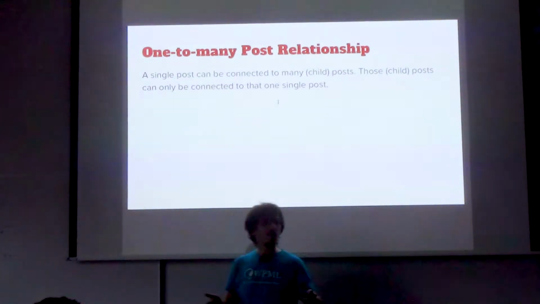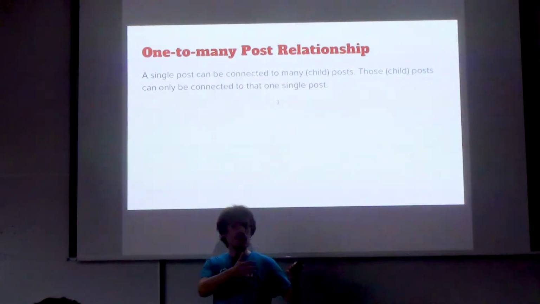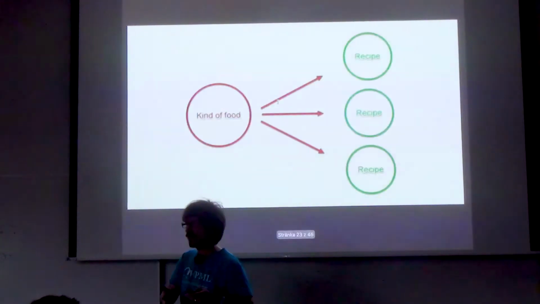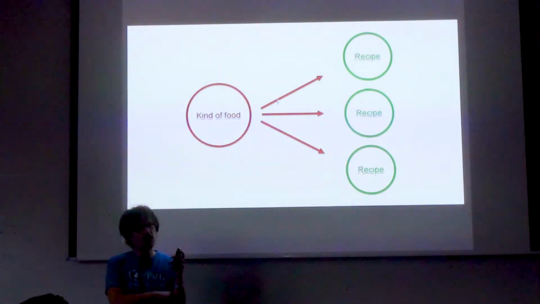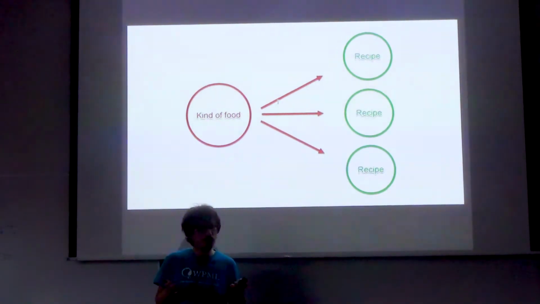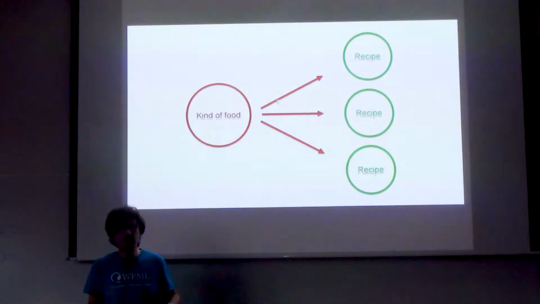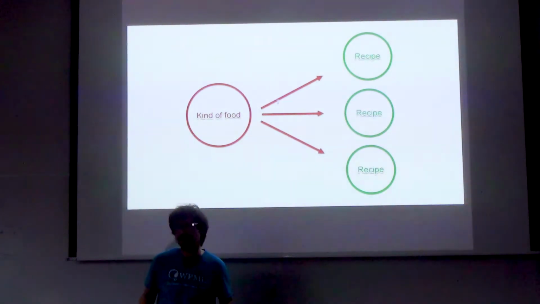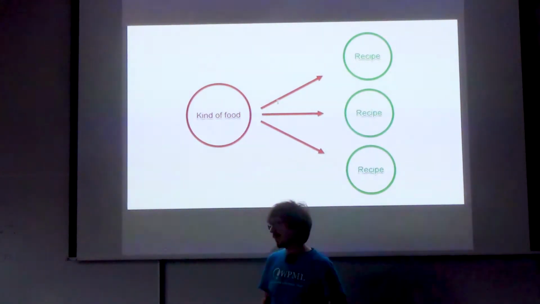One-to-many is our kinds of foods and our recipes. It's also very simple, but in this case there can be many recipes belonging to a certain kind of food. There could be many soups, but a soup is a soup. It cannot be a dessert, right? It can be only a soup. So this is the one-to-many.